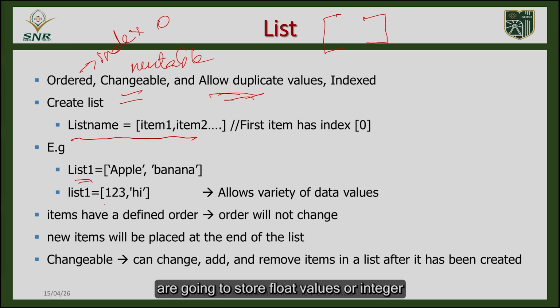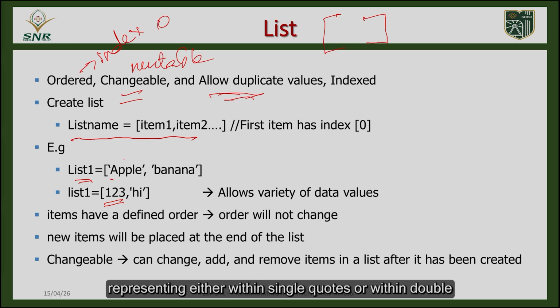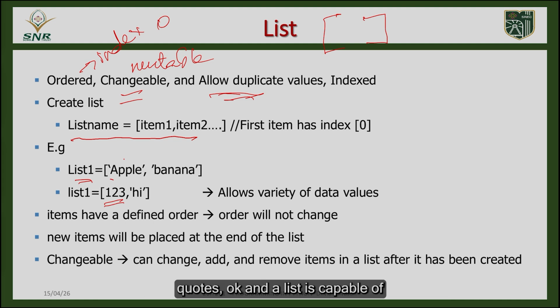In case you are going to store float values or integer values, we already know how to represent them. We had already seen in the previous videos how to represent a float value, an integer value, and character values. Since this is a string, we represent it either within single quotes or within double quotes. A list is also capable of holding heterogeneous data.